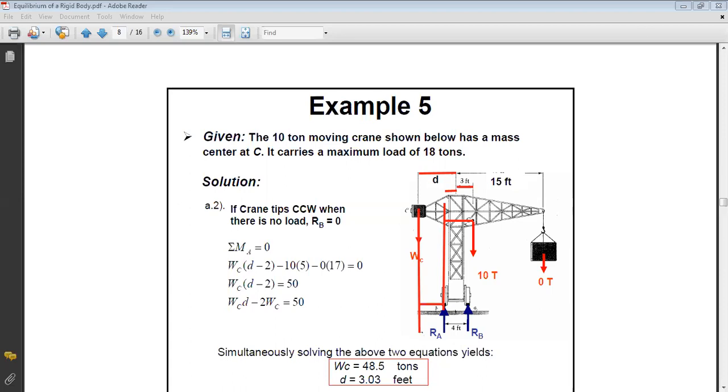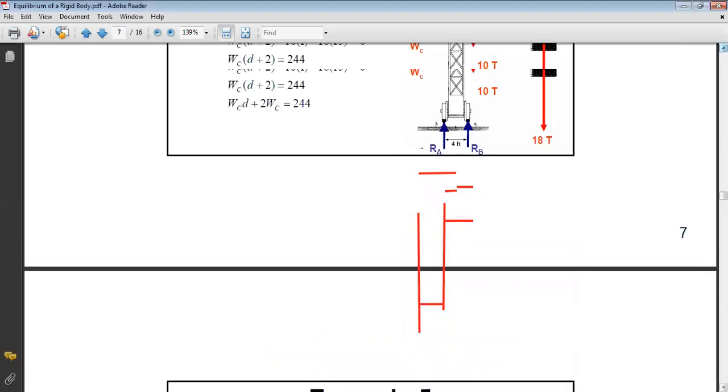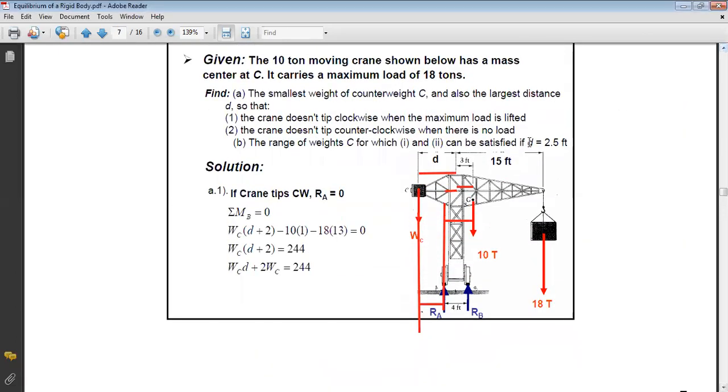So we still have the last part. The last part is very similar, I just want to show you what they did. For the last part, they give you D. If D is fixed, if D is 2.5, and I want to find the range of weights for WC, then I should also write the two conditions. In the previous questions, I didn't fix D; I had to find D and WC to avoid the critical conditions.